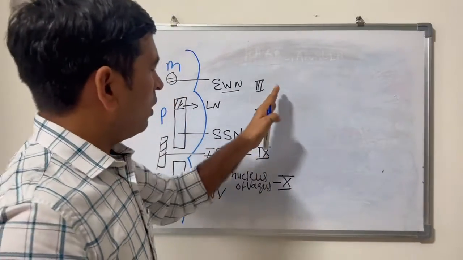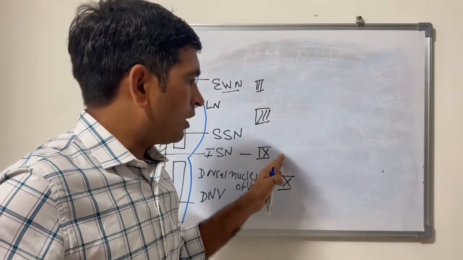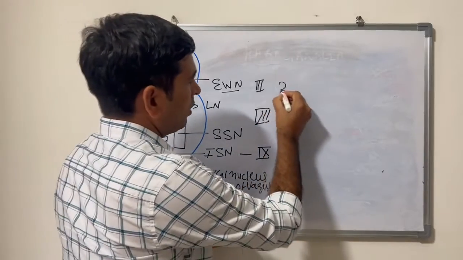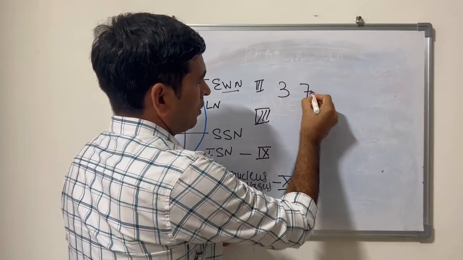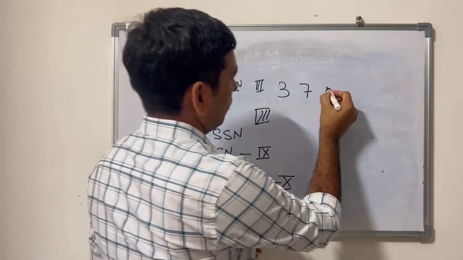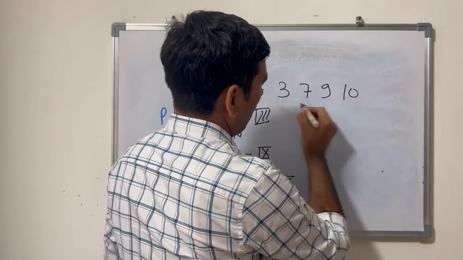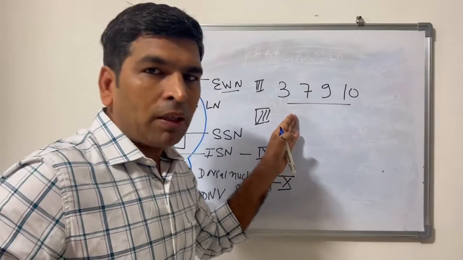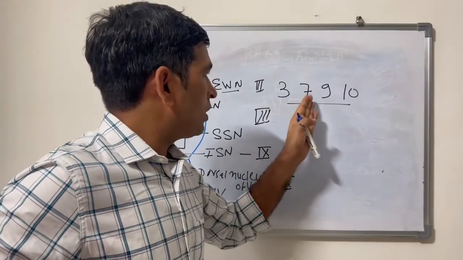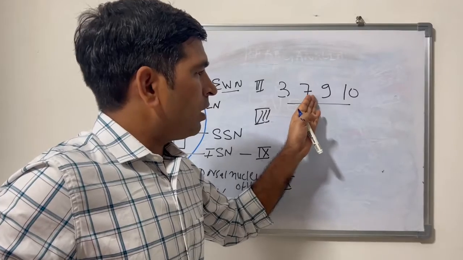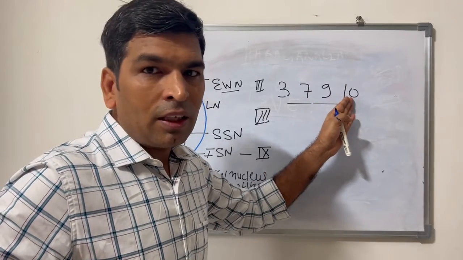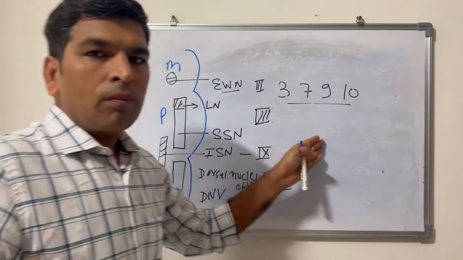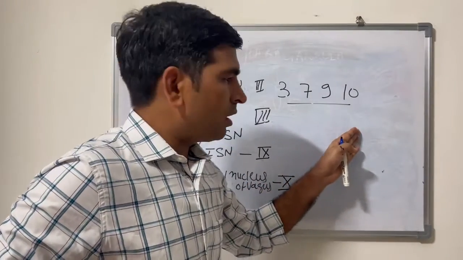So the parasympathetic cranial nerves are 3, 7, 9, and 10. It means whatever parasympathetic supply to the head and neck is coming from these third, seventh, ninth, and tenth cranial nerves. So how do they supply the various glands in the head and neck?